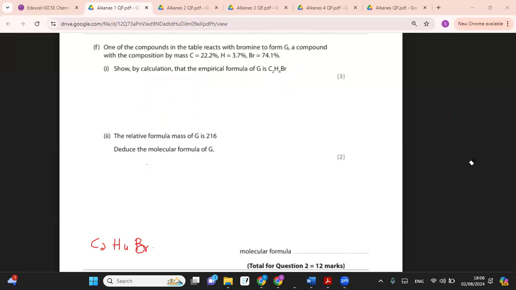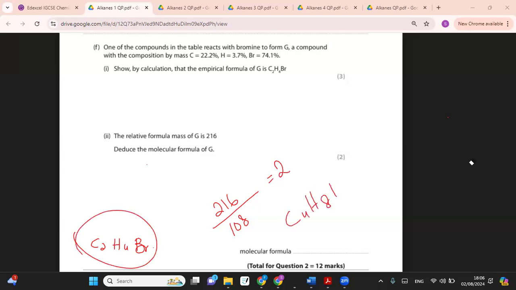The empirical formula mass comes out 108, the relative formula mass is 216, you get 2. So multiply all of it by 2, you get C4H8Br2. So now you can see that the empirical formula is the simplest ratio between all the atoms, while the molecular formula is the actual number of each atom inside the molecule.